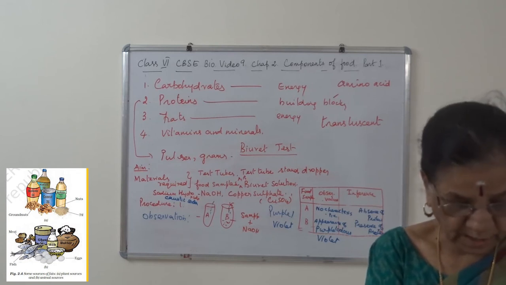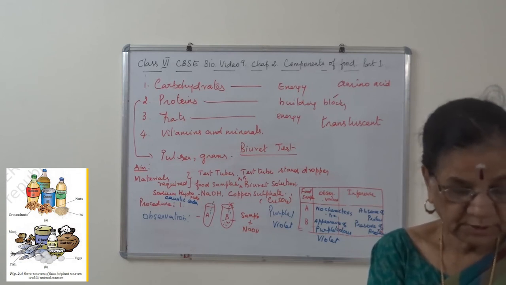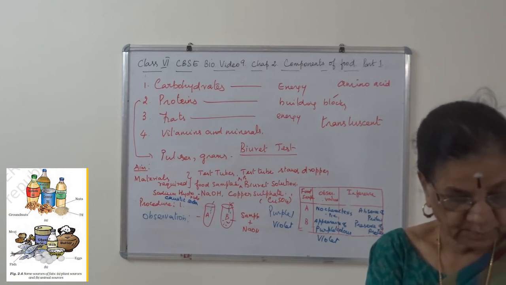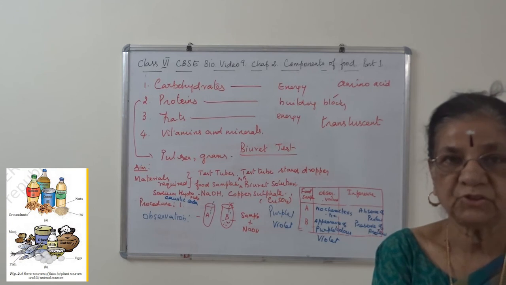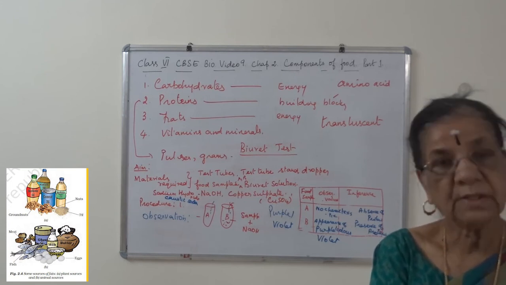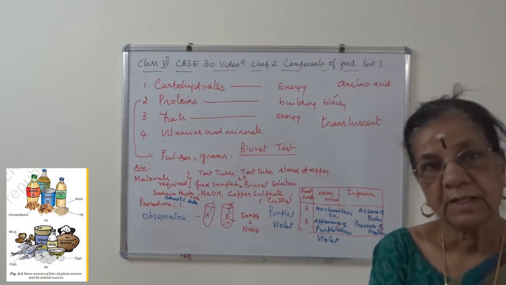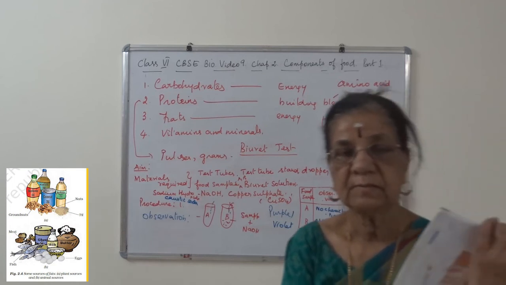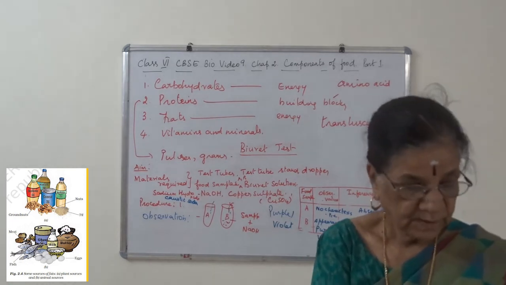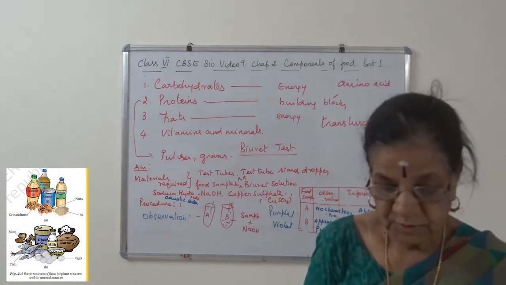Whereas animal sources: meat, ghee, milk, butter, cream, egg and fish. These are the animal sources of fat. I hope you understand. Are you clear?